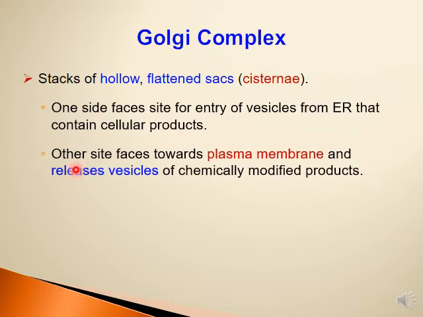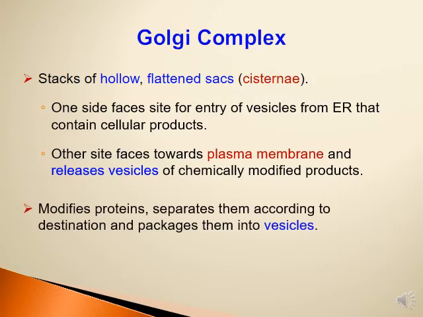The other side of the Golgi apparatus faces towards the plasma membrane and releases vesicles of chemically modified products. So the Golgi apparatus does the final modification of those produced molecules in preparation for their release. The main function of the Golgi complex is to modify proteins, separate them according to their destination, and then pack them into vesicles in preparation for their exocytosis.